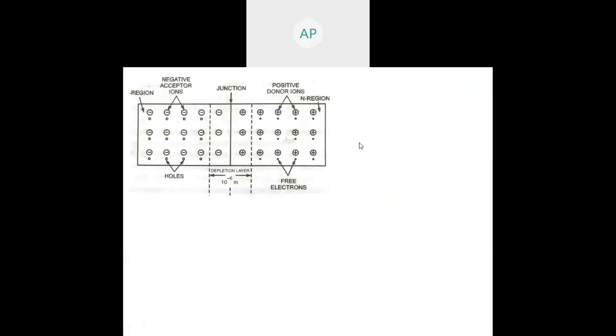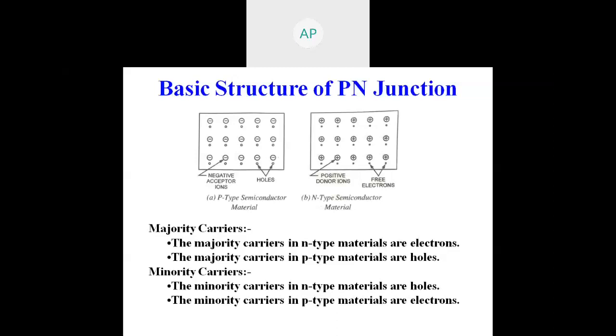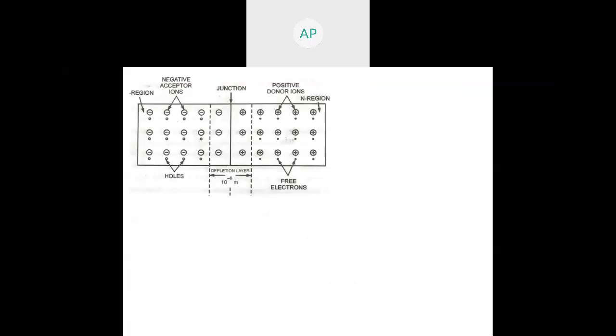So what will happen if these two materials, P and N type, are joined by the process of fabrication? Then the PN junction is formed. Once the PN junction is formed, what will happen?